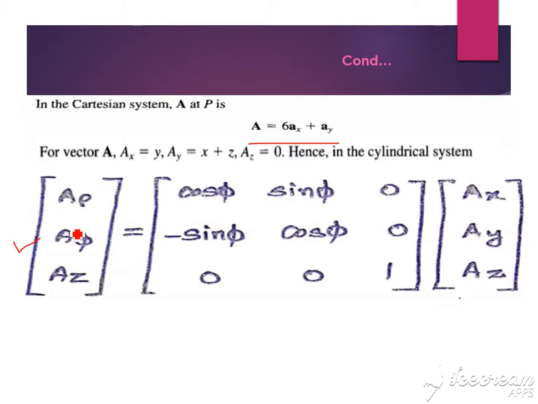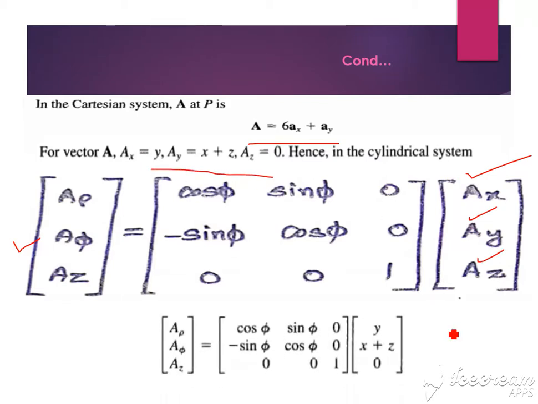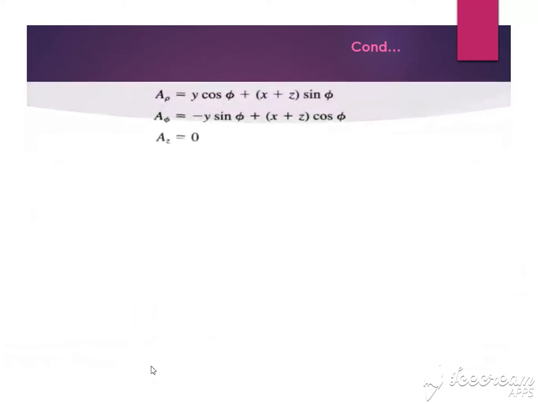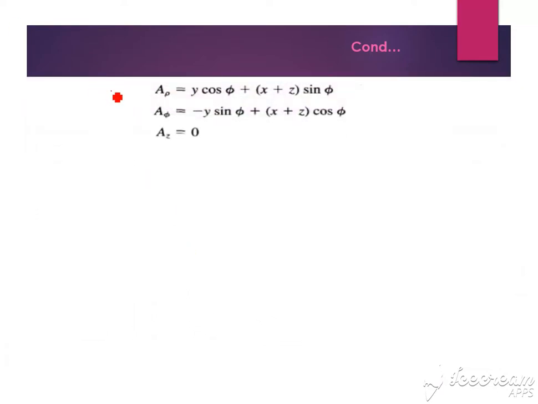So from that I directly take A rho, A phi, Az equal to this formula. Now simply replace Ax, Ay, Az by the given values, that is y, x plus z and 0. Next step, we simply do row and column multiplication. Then we can find the expression for A rho, A phi and Az.